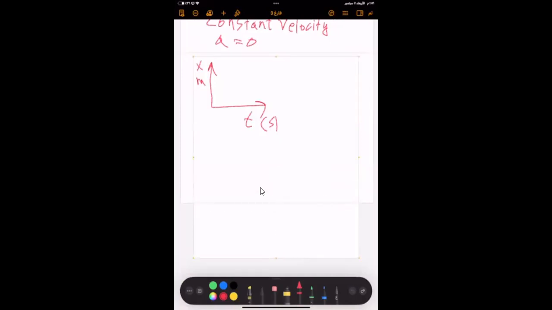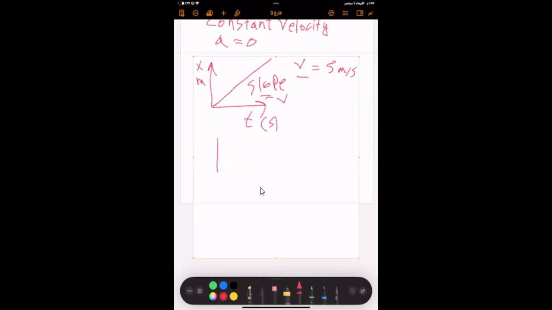What we find here, let us take the example v equals 5 meters per second. V here is constant, doesn't change for all the trip. So the object will travel the same distance in the same times. The relation will be a straight line. The slope of this curve will be equal to v, the constant velocity.